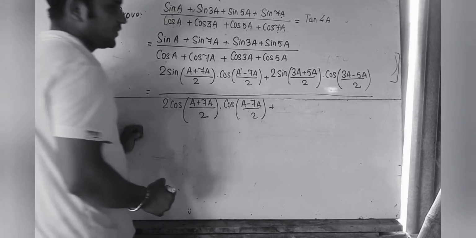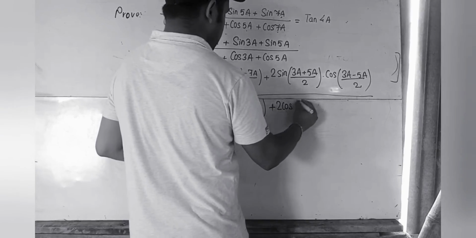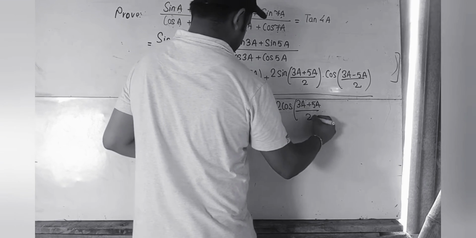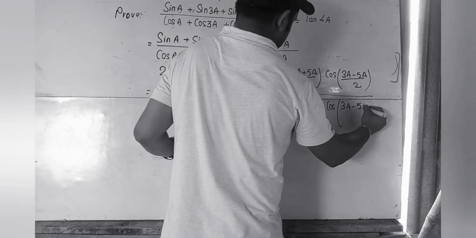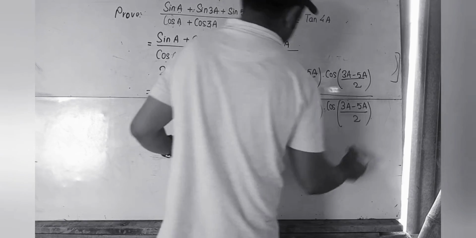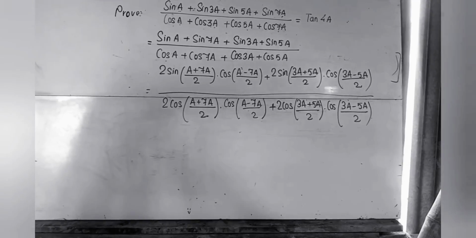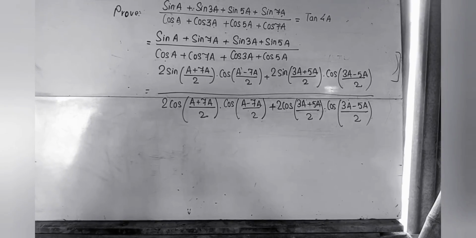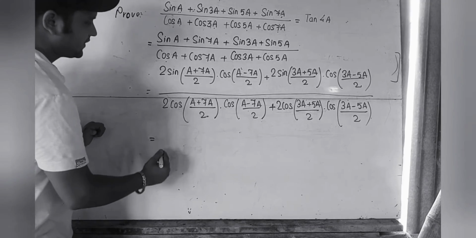Here again for cos c plus cos d, we use the same formula. So far we arranged the terms, and after arranging the terms we used the formula of cos c plus cos d and sin c plus sin d. Now let's see what we get here.